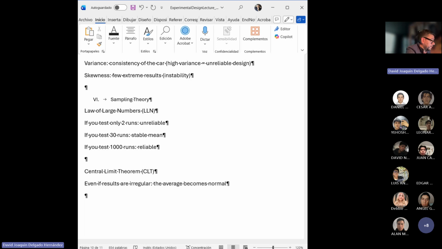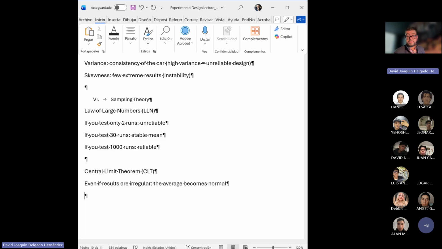That is the statement of the central limit theorem. Basically, the idea is that at least you have to have 30 different runs in order to see normality of the distribution of data, okay?